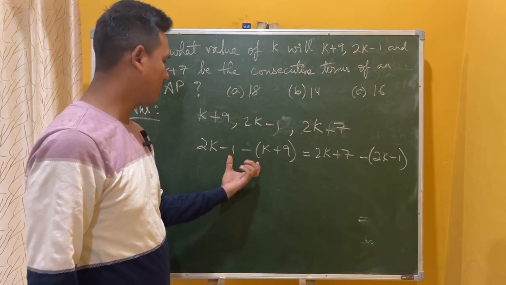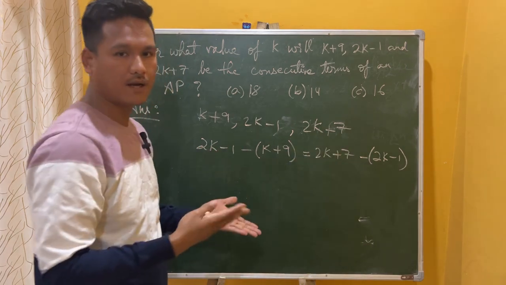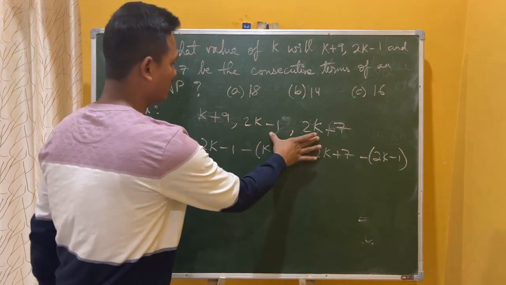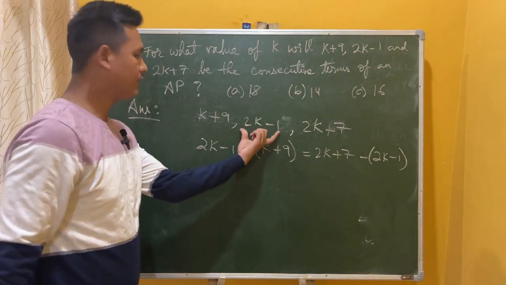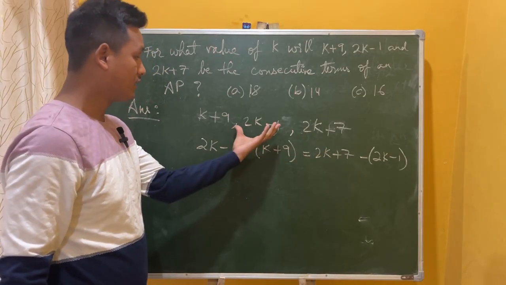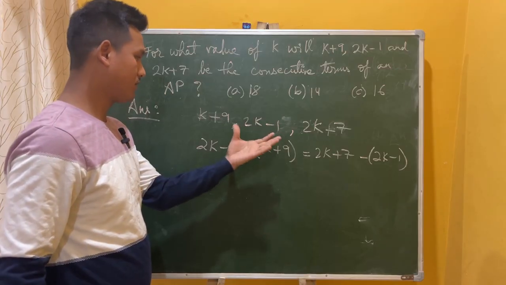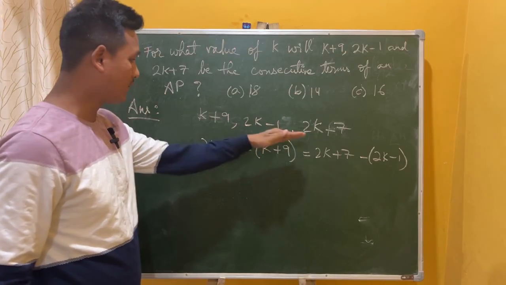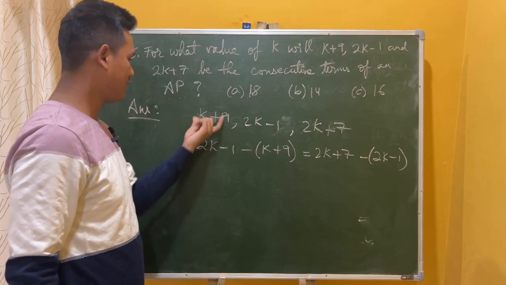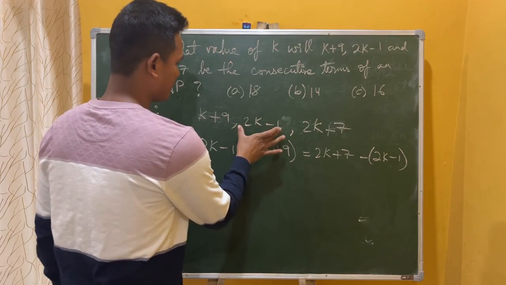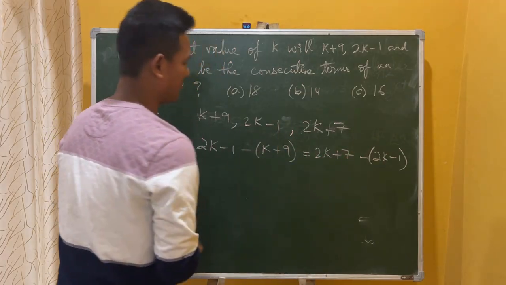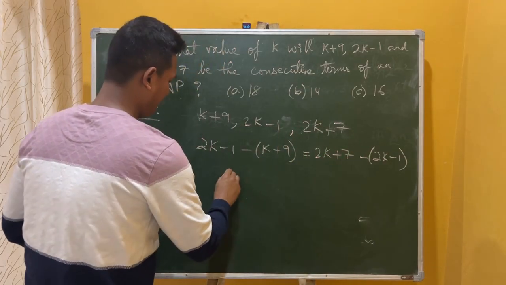This equation is nothing but the common difference that you get. If you subtract these two and these two, the common difference is same. That's what we are doing. We are considering this to be the bigger number. When they are in a sequence, we keep this in front and subtract this from this, and subtract the second term from the third term. So common difference will be same.